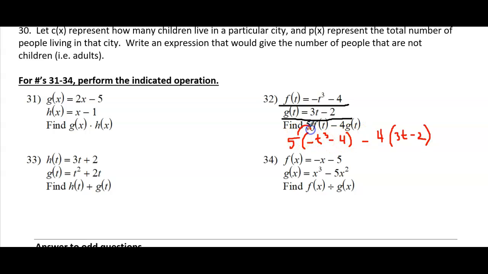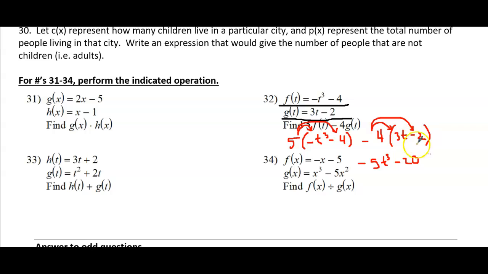We're going to have to distribute first. If I distribute that, I'm going to get negative 5t cubed, and 5 times negative 4 is negative 20. When you distribute this forward, it's important to understand you're also distributing that negative with it.